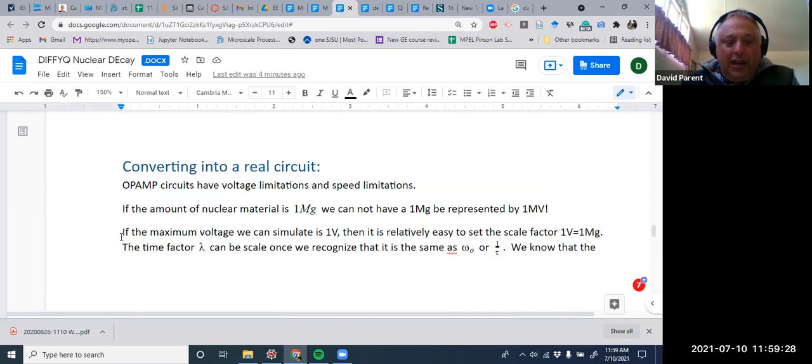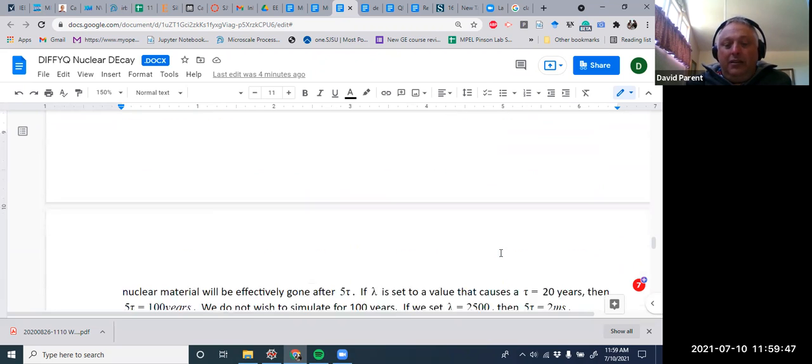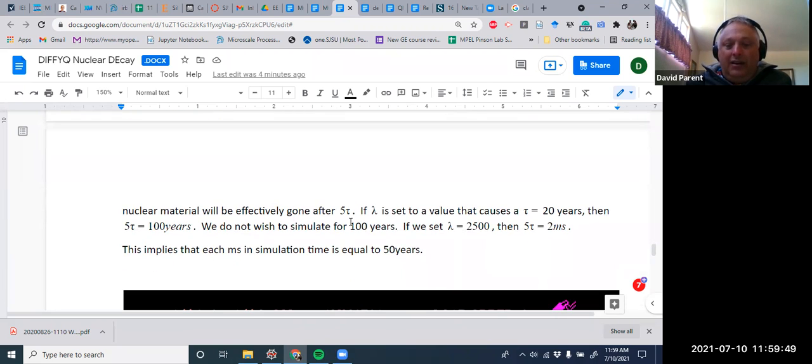Basically, it's just easy to scale. If I say the maximum voltage is 1 volt, I'll just say 1 volt equals 1 megagram. And then I can scale that lambda so that it's 1 over tau. The nuclear material will be effectively gone in 5 tau.